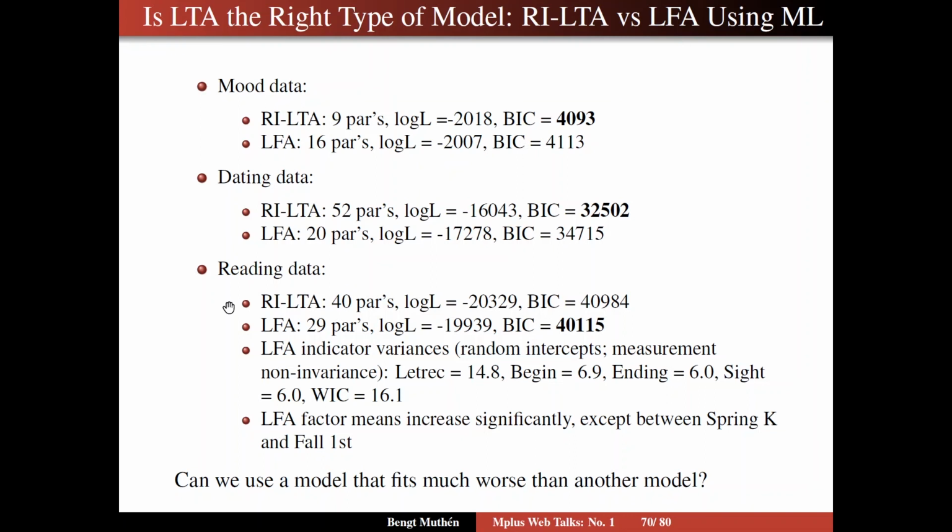Now, you would also say then that none of these models probably fit the data that well. In fact, you could take a look at the reading data. There are 5 binary indicators at 4 time points. That's a lot of cells in the multi-way frequency table.